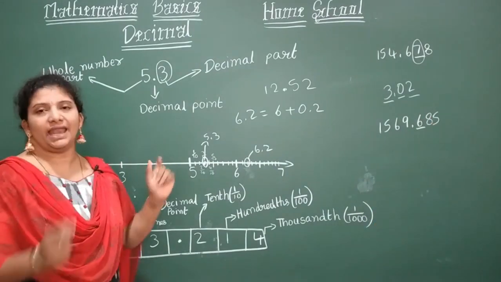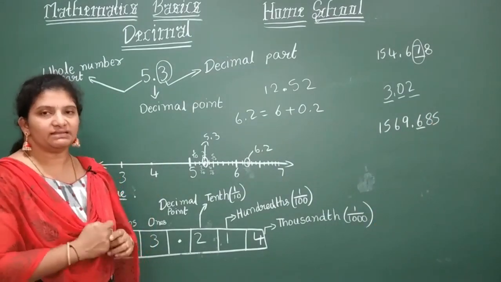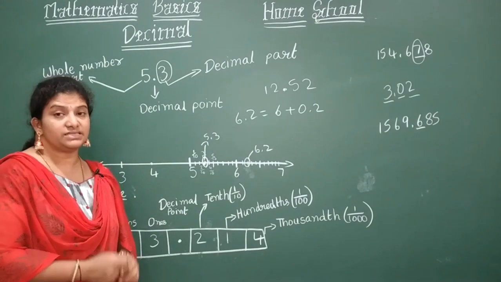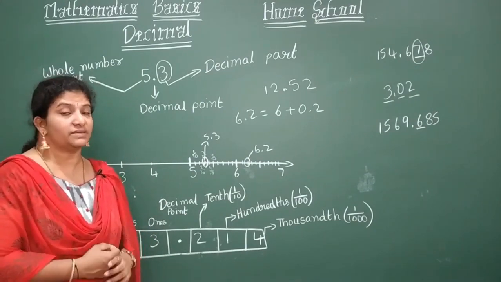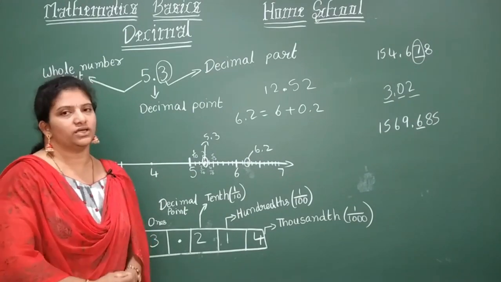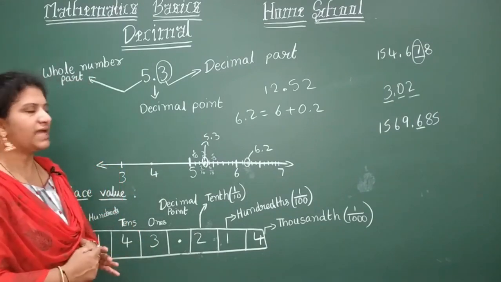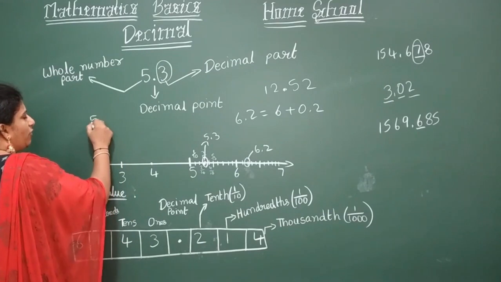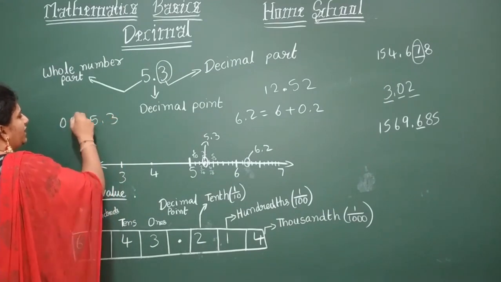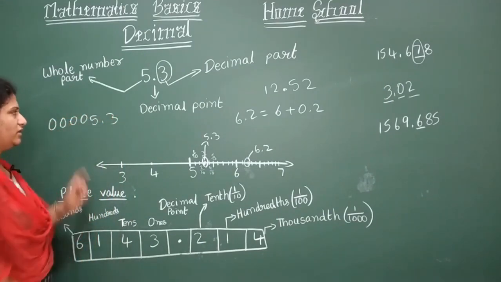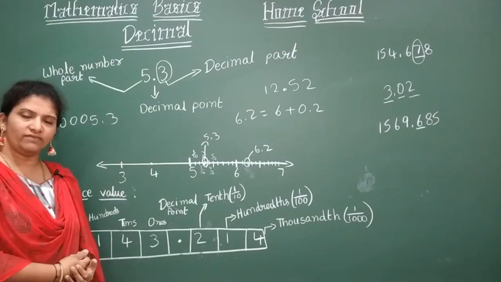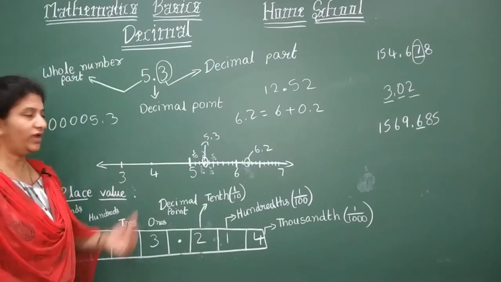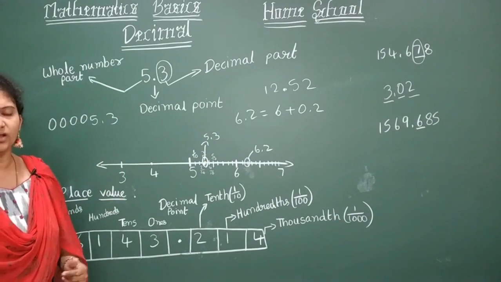Look here, children. Now, one more thing we need to understand in decimals. 0 plays a major role here. Observe here carefully. Suppose you take a number, say 5.3. If you write any zeros, will the number you call change? No, we still call it 5.3. Why?